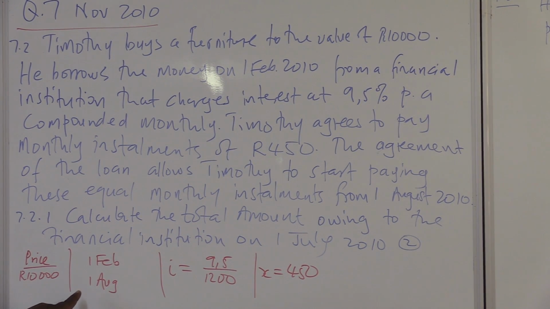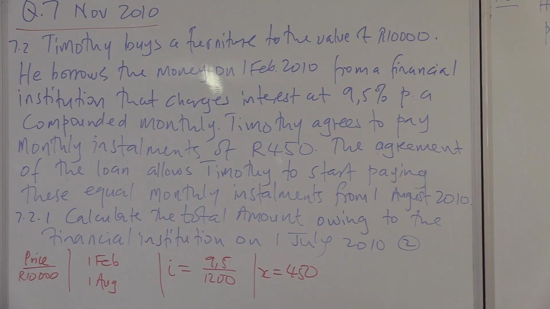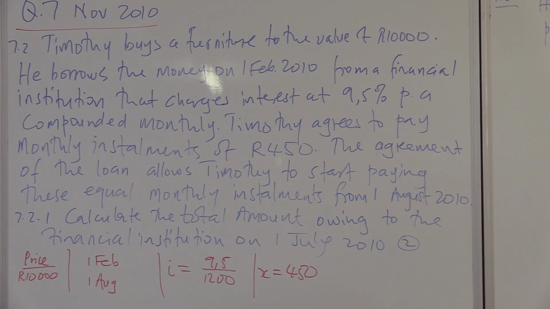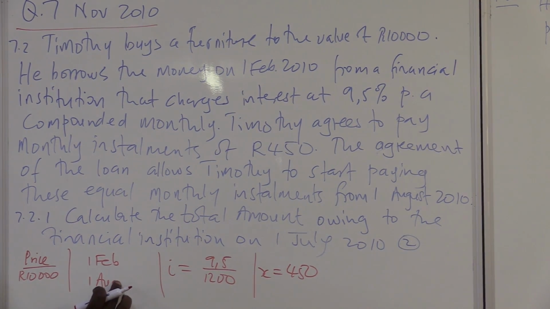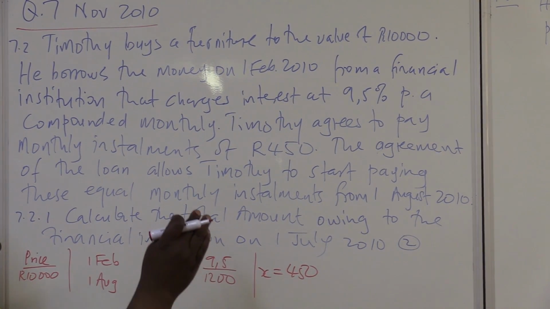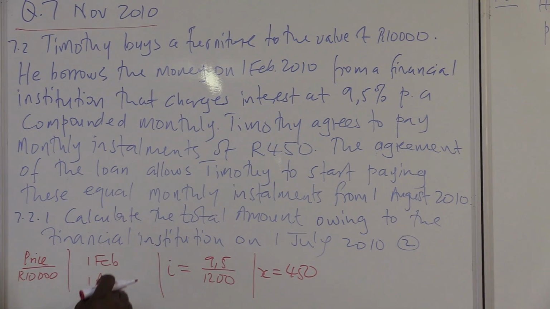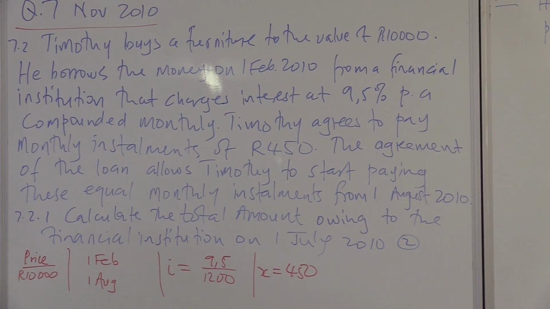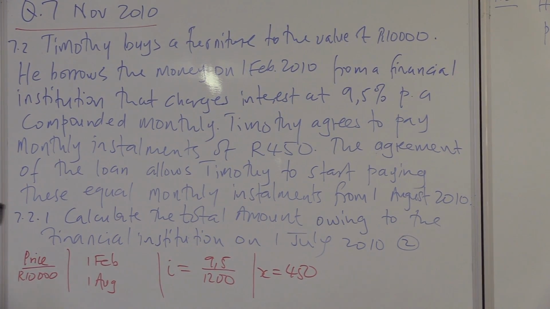He will start to pay in 1 August. So we want to calculate the total amount owing to the financial institution on 1 July before this guy pays. March, April, May, June, July. So we want to find out, calculate the total amount owing to the financial institution in 1 July. He will start to pay in August. How much will he be owing in 1 August?